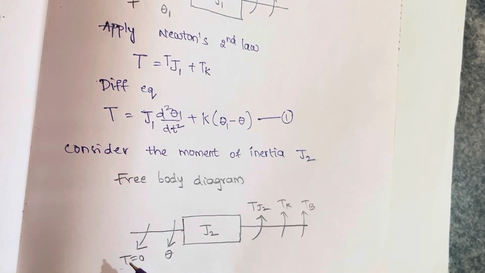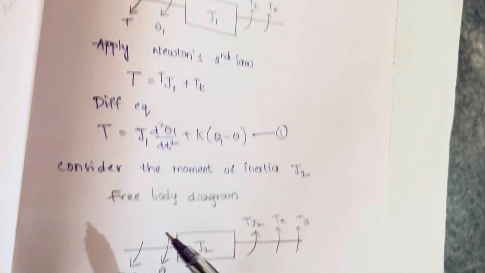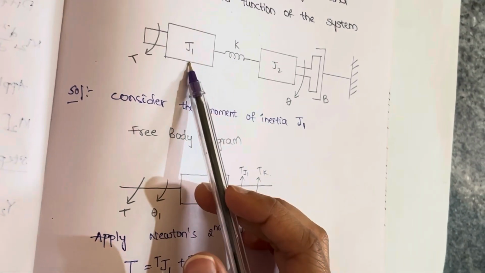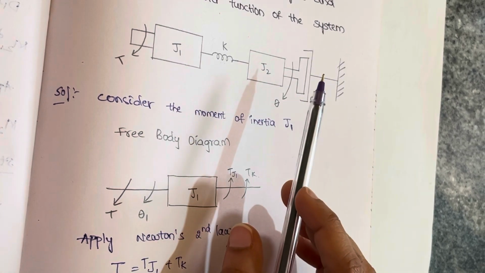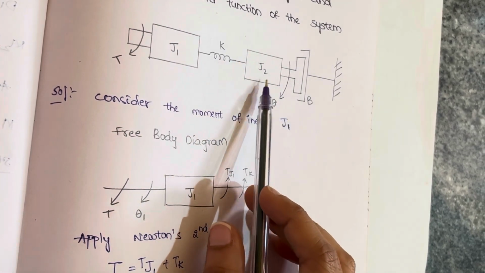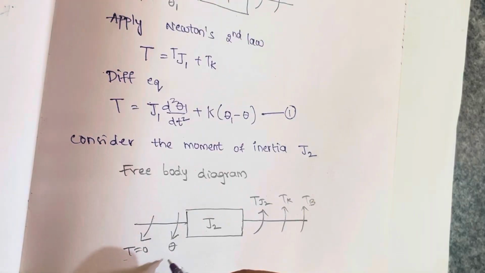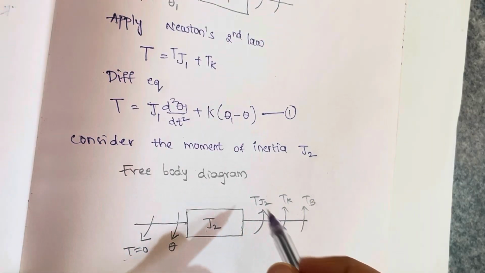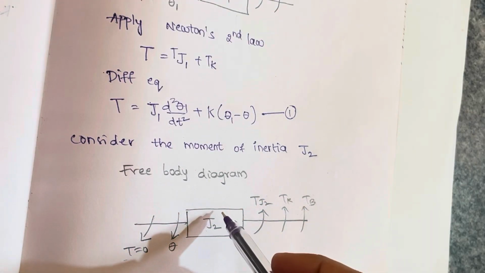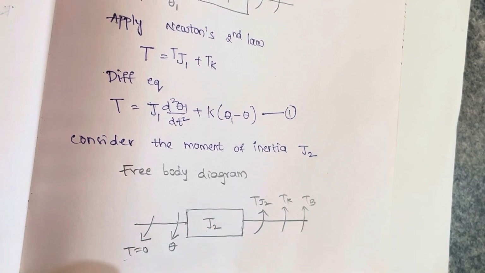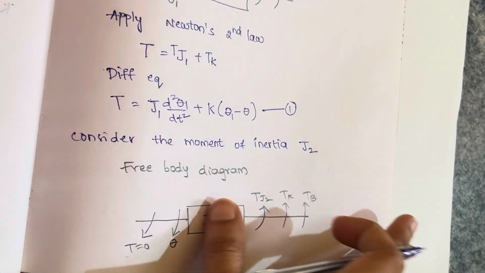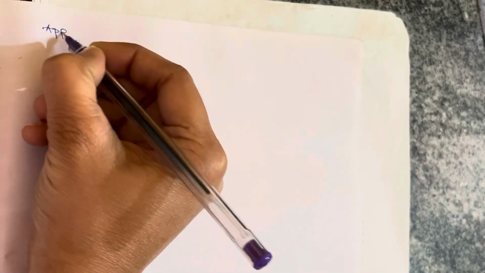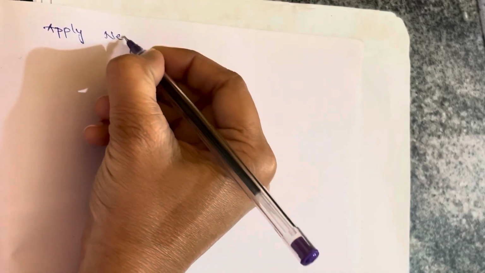Here we don't have any torque because torque is acting only on moment of inertia J1. So we are writing torque equals 0 on the moment of inertia 2, and theta is the variable. These are the terms related to our moment of inertia 2. Now let us apply Newton's second law.